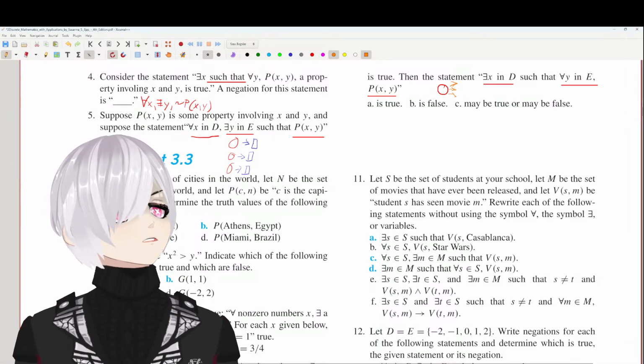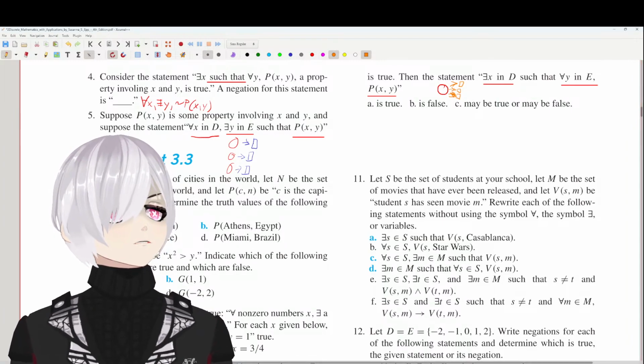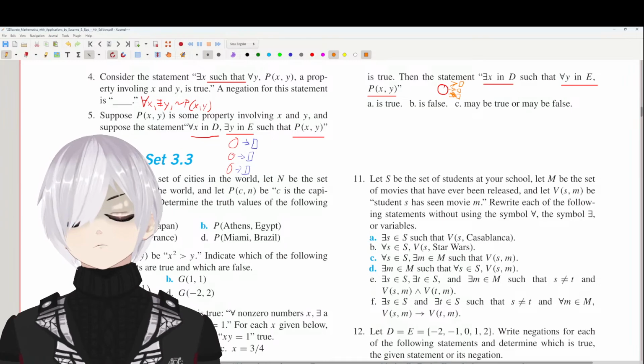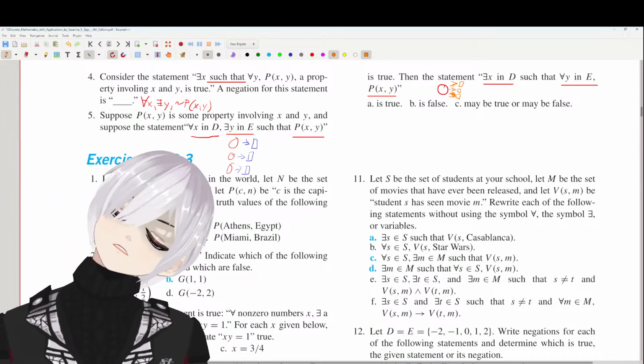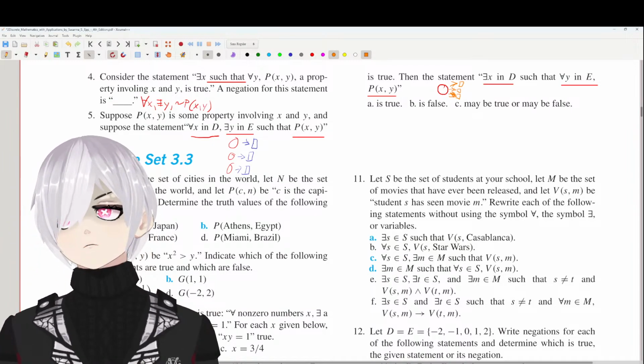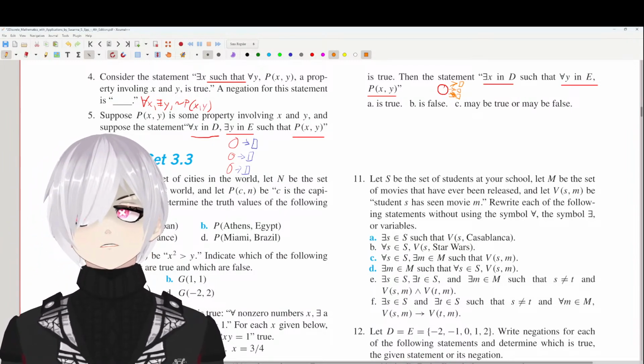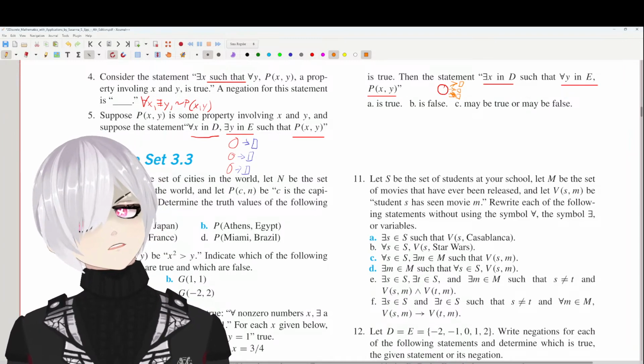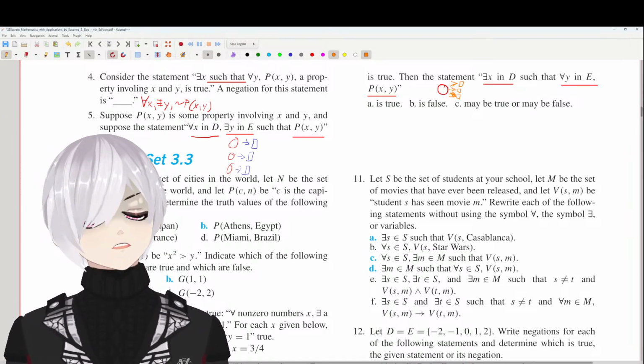Exactly, so they're saying different things, and in terms of their form, the quantifiers are reversed. In terms of logical equivalence, we know they're not logically equivalent, but as we talked about before, they're not contradictory either.